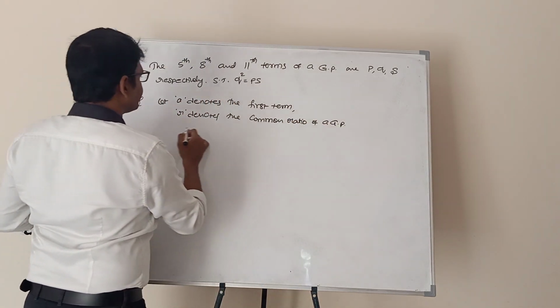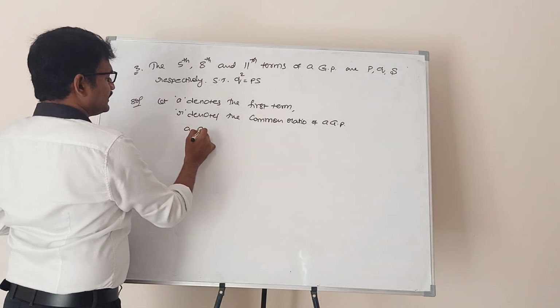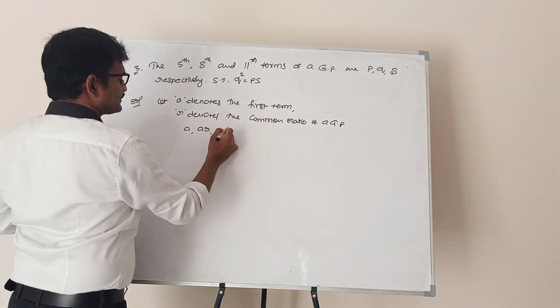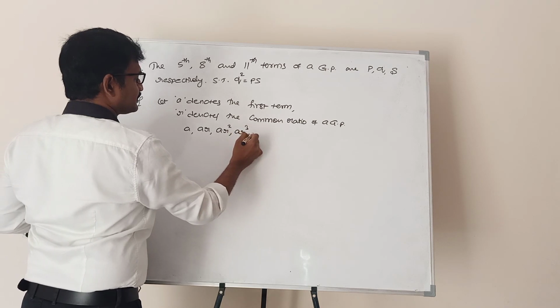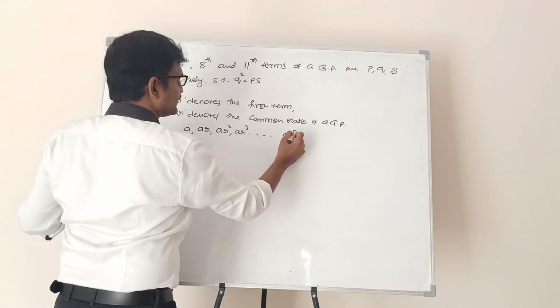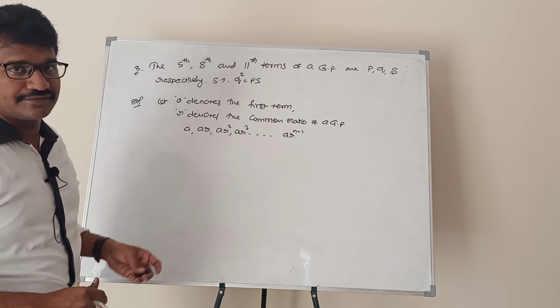Then A, AR, AR square, AR cube, and so on, A into R power n minus 1 denotes the standard form of a GP.